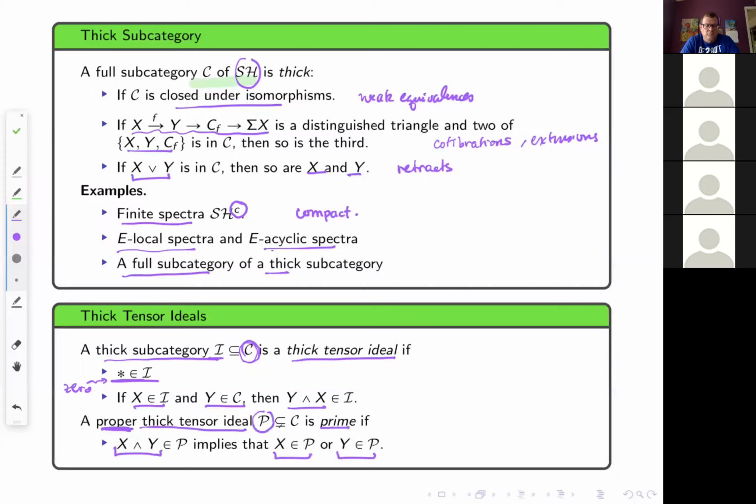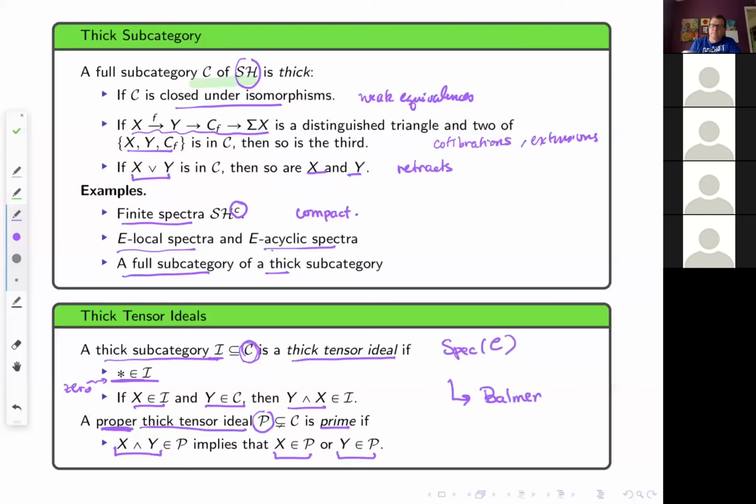So that allows you to define the prime ideals of a triangulated category which has a monoidal product, like the smash product. It allows you to define something that looks like Spec C, as in spectrum in algebraic geometry, the prime spectrum. And I'm going to direct you to Balmer's work to read more on this.